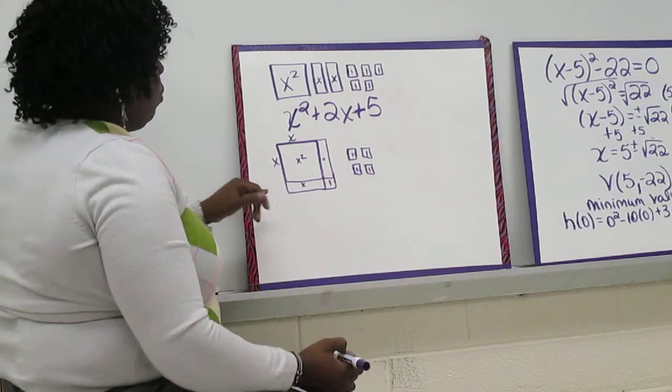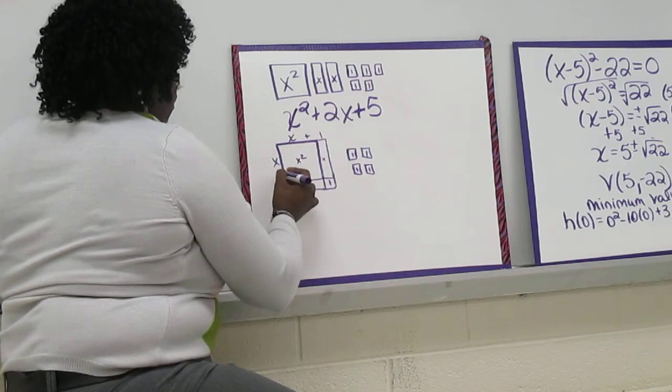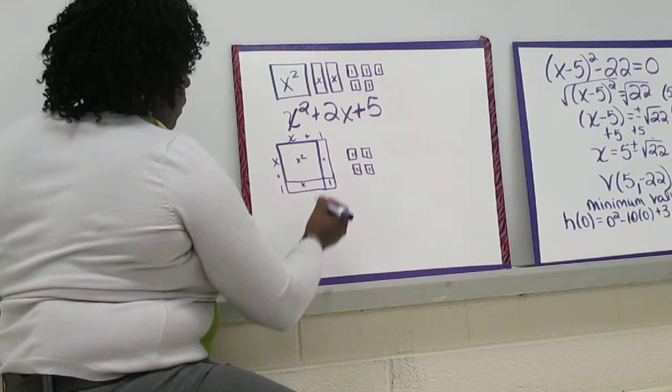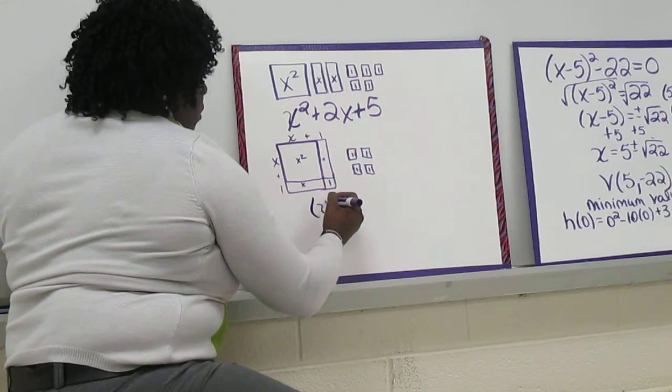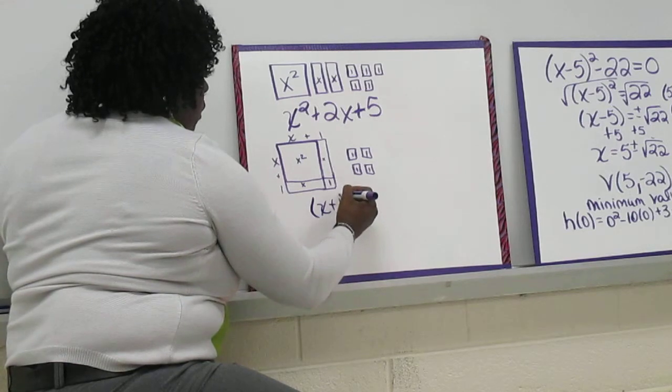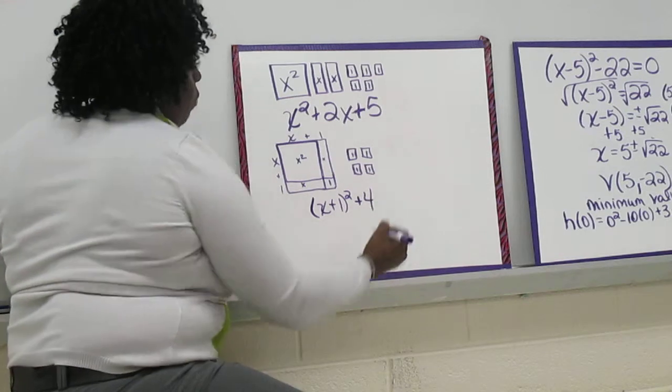So this is x plus 1, x plus 1. So the factored form or vertex form of this polynomial is x plus 1 squared, but then I have a 4 left over.